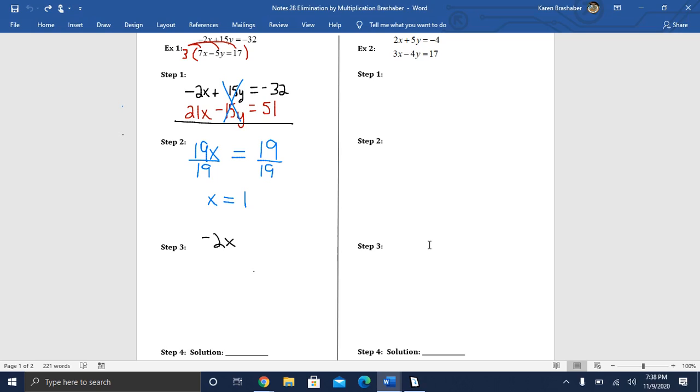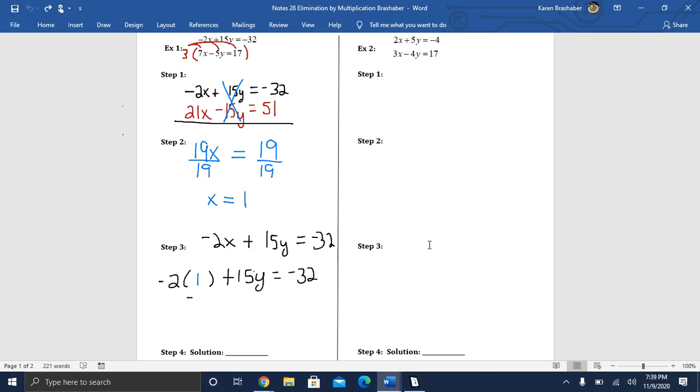I'm just rewriting it here so that I can see it better as I make my substitution. So negative 2 times, substituting in the 1 that I found for x, plus 15y equals negative 32.